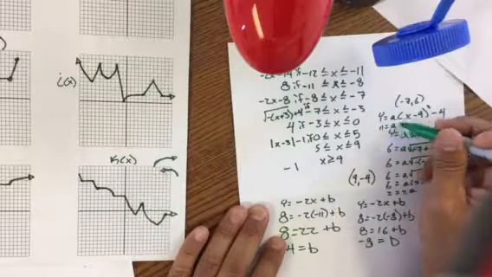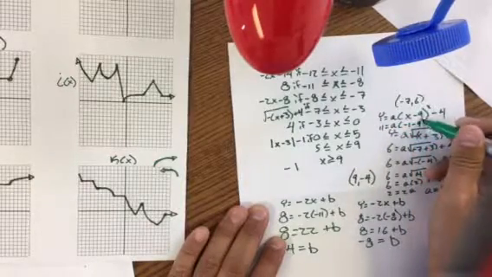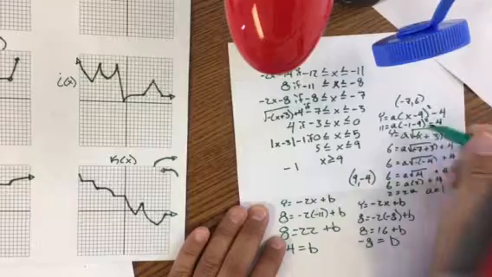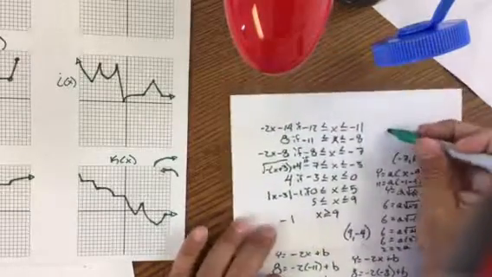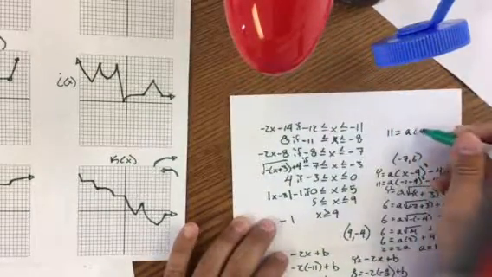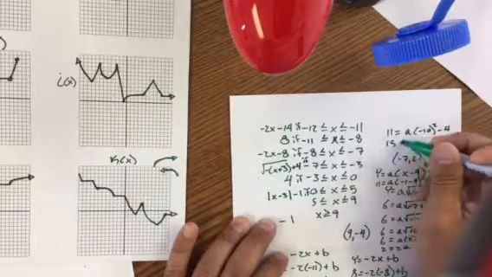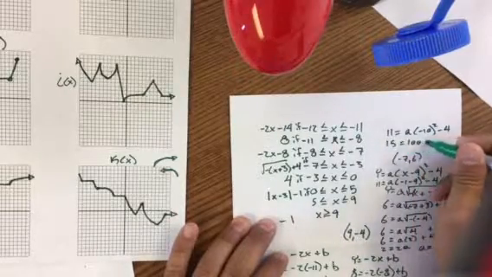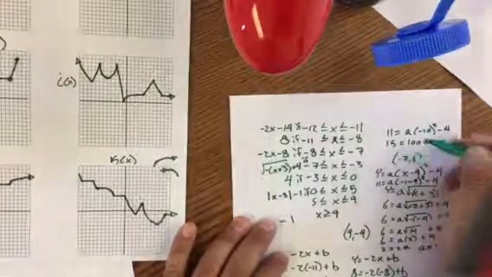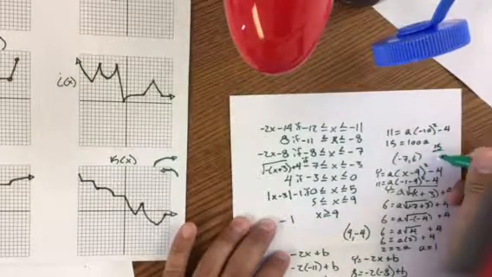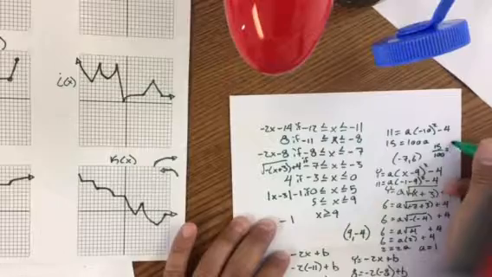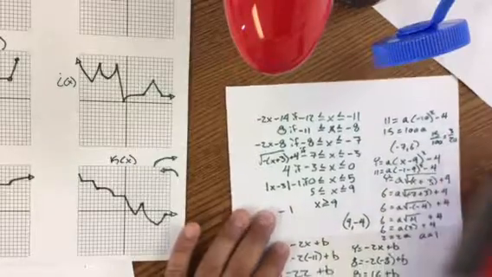Negative 1 equals a(11 minus 9) squared minus 4. Add that over. 3 equals 4a, and divide it. 3 over 4 equals a.